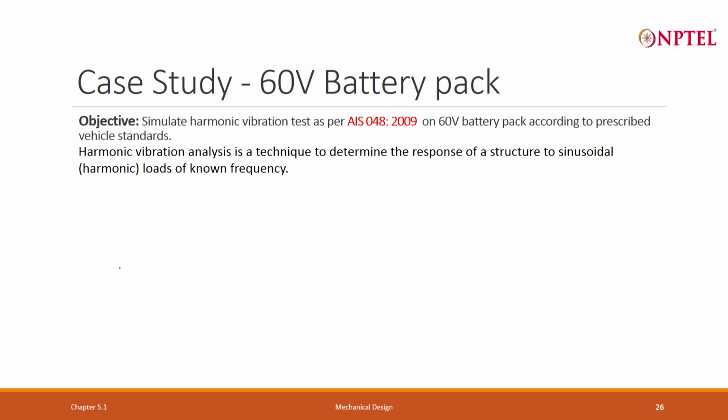As I just said earlier, harmonic vibration analysis is a steady state analysis, the steady state response of a structure subjected to sinusoidal loads. What is a sinusoidal load? F is equal to F0 sin omega t.